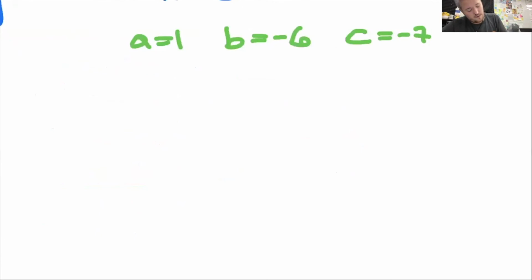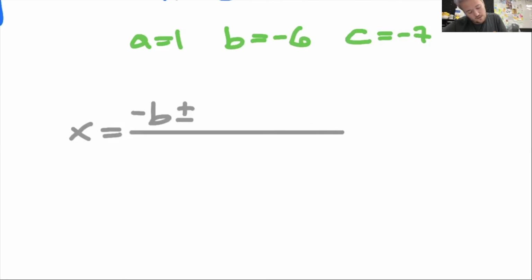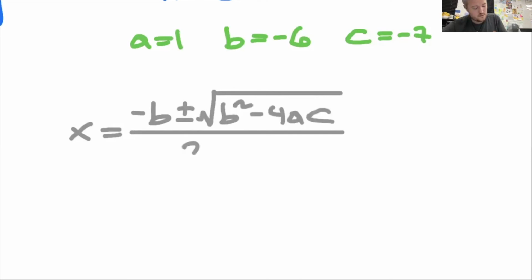So just for frame of reference, I'm going to go ahead and write out quadratic formula, just in case. So opposite of B, plus or minus the square root of B squared minus 4AC all over 2A.